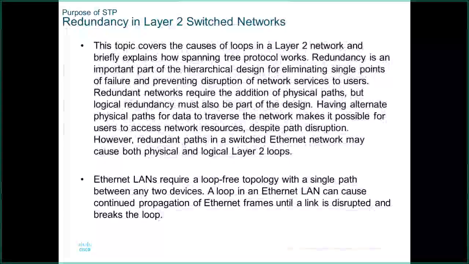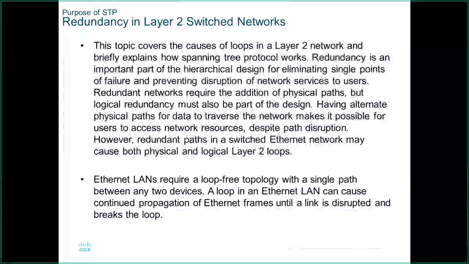Alright, so we have a maximum hop count or time to live features within the IP packet, but that's at layer 3. This is layer 2. So if something went wrong and traffic was just continuously traveling in the loop, it would be there forever.